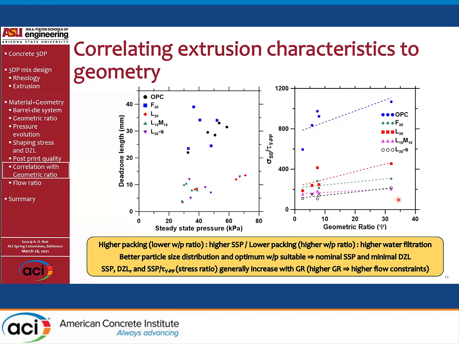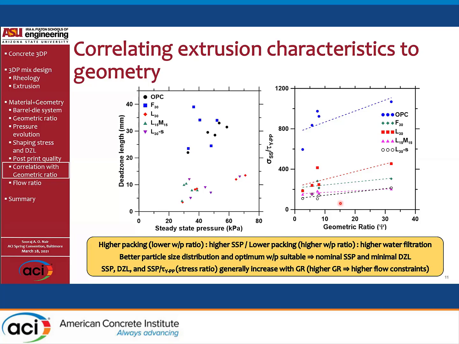That just means that the mix has much more flexibility in use across a wide range of geometries. So this could be a potentially beneficial mix or set of mixes, and it can be used for a given mix for a set of geometries without much trouble in terms of the steady state pressure and the dead zone length.